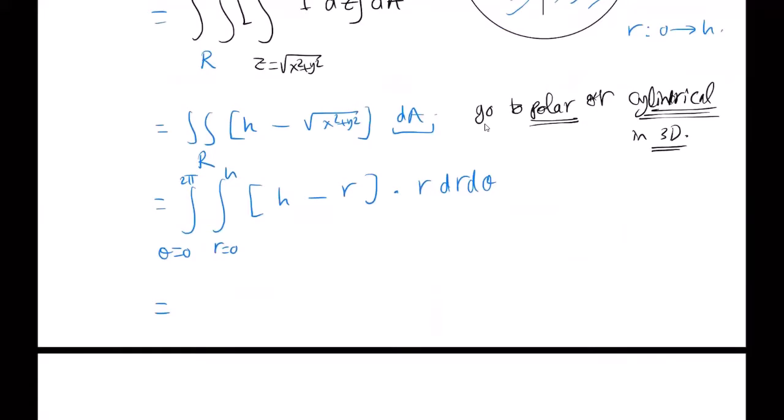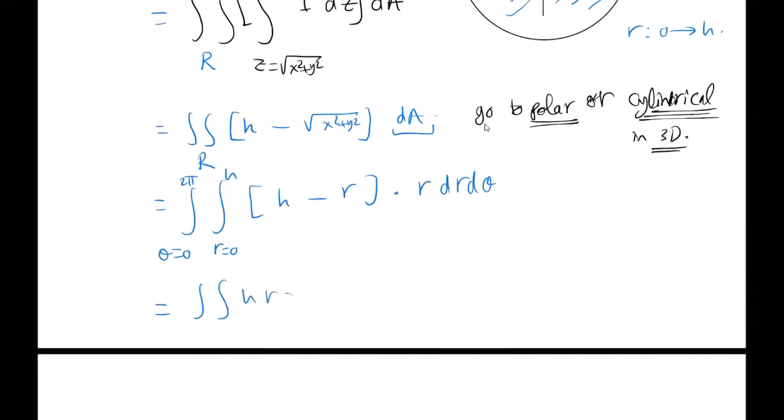We'll expand the bracket, so it becomes rh minus r squared. h is constant, by the way. Integral of h r dr d theta, minus another integral, r squared dr d theta.